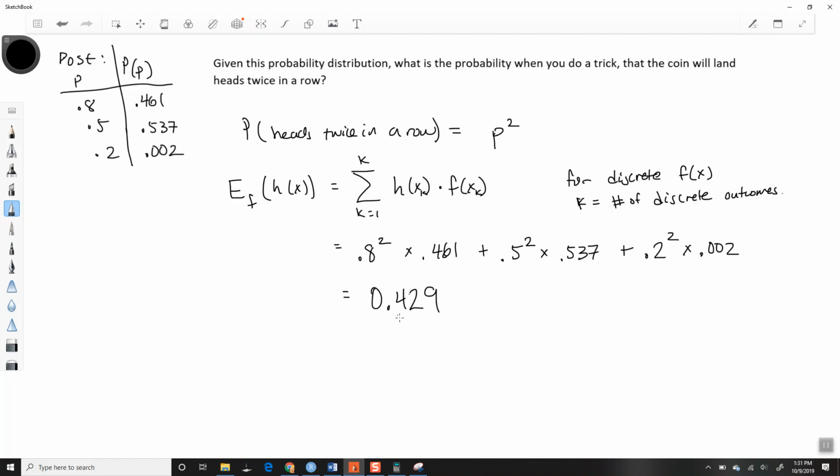And this answer, 0.429, is neither the answer for getting 2 heads in a row for the heads coin or the fair coin or the trick coin. It's some kind of compromise between the different possibilities, okay?